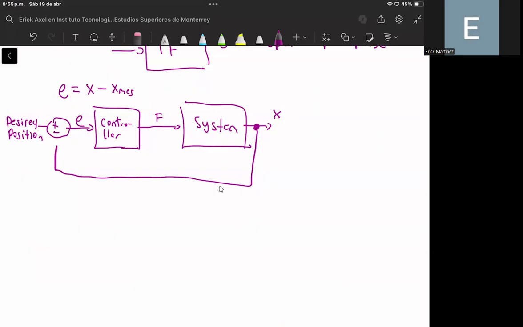So I can use this error into my controller, and the controller will generate automatically the force that we need to apply to my system in order to move it in the way that I want. And by using this type of architecture, I can change the dynamics of the system.